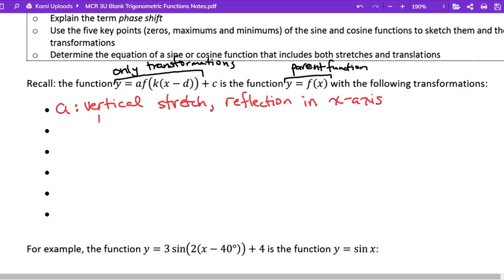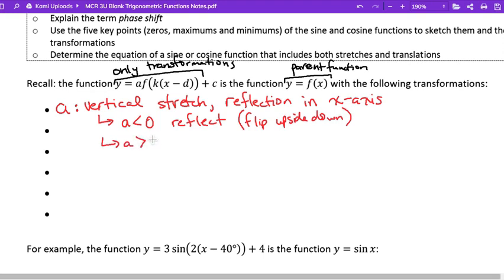Let's make a note that if a is less than 0, so if a is negative, we reflect. If you want to write flip upside down, fine. If a is greater than 1, it's a stretch.